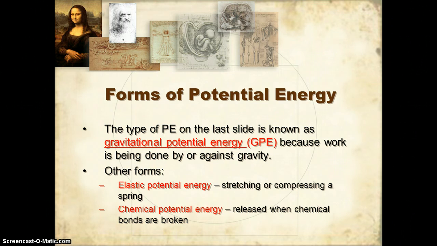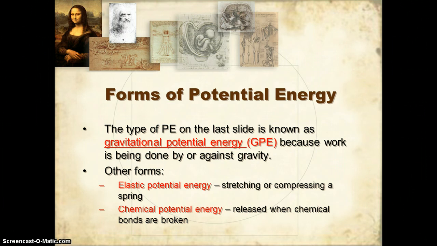Some other forms, elastic potential energy, when you would either stretch or compress a spring. Some examples of elastic potential energy might be if you stretched a rubber band and then you shot it at something. Stretching that rubber band, you would be doing work on it, and when you shot it, that work, which was really then changed to potential energy, would eventually be changed to kinetic energy, which we'll talk about in a few slides.